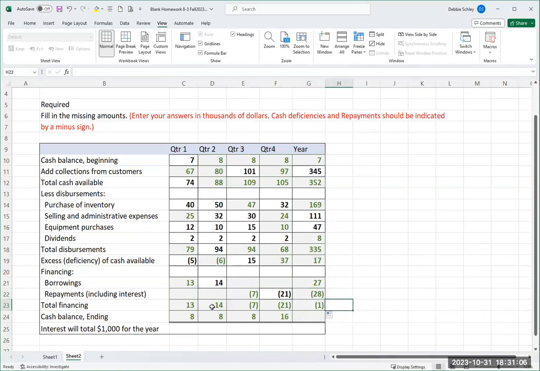So it's a positive 13, a positive 14, a negative 7, a negative 21, and that leaves me with a negative 1, which if you notice down here, interest will total 1,000 for the year. So I did that correctly. As long as this number is 1, or I mean negative 1, that is my interest for the year. So it's 1,000 because they took the 3 zeros off. So now my excess or deficiency of cash minus my interest equals 16, which is my cash balance ending for quarter four. And I have the right number, and so I did it right.